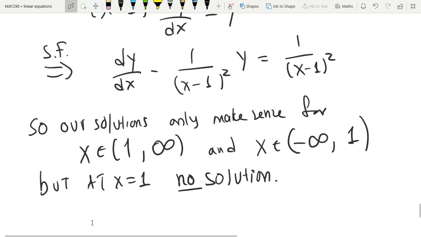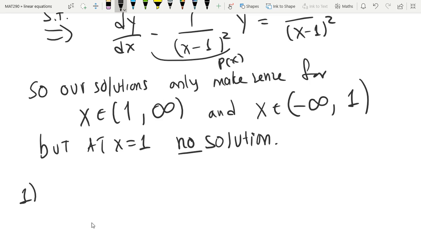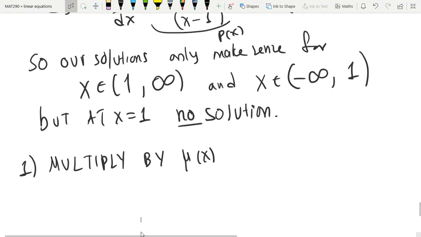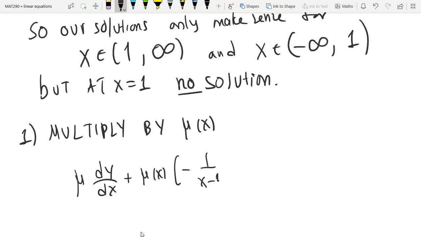Okay, so let's start again. So here is p of x. So again, we multiply by mu, the integrating factor. And we have mu dy/dx. Let me write it as plus mu times the coefficient. And here we have the forcing.